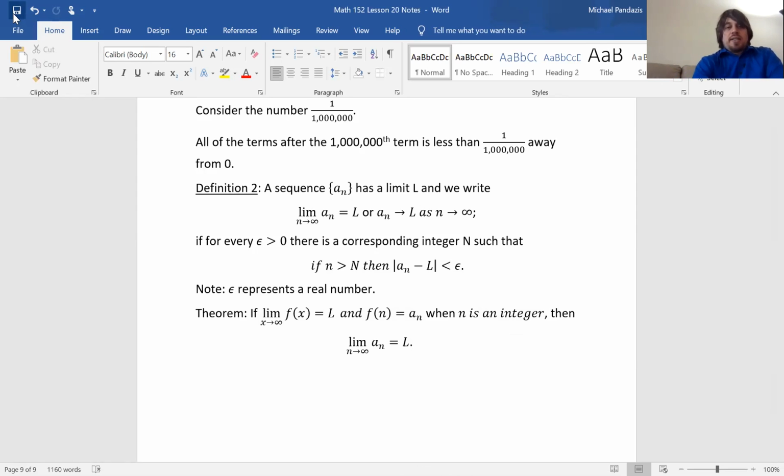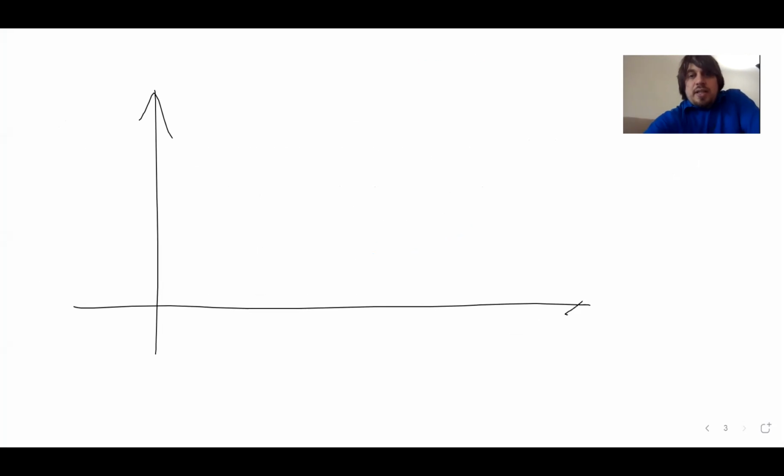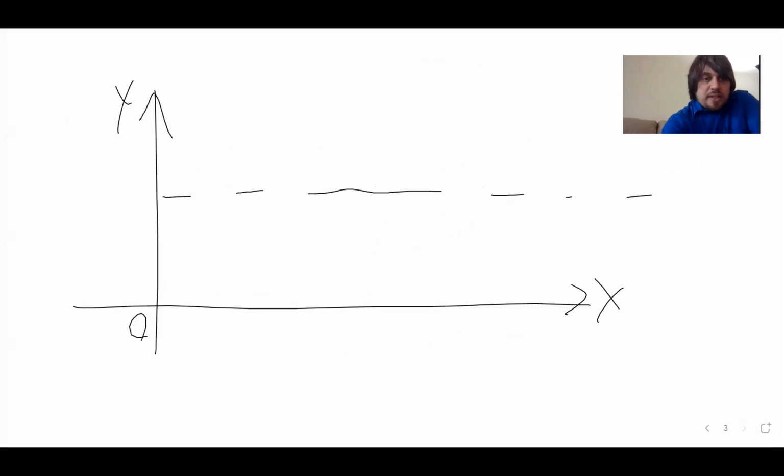Okay. So what does that mean? Let me illustrate that. What that theorem is saying is that, here's the y-axis, here's the x-axis, and you have the origin there. You have 1, 2, 3, 4.